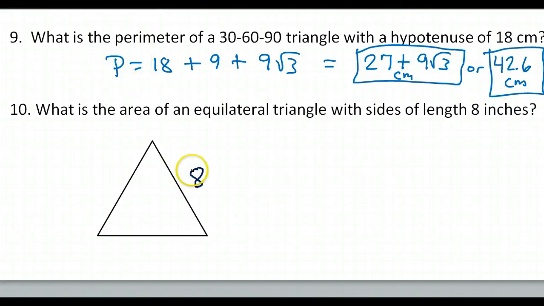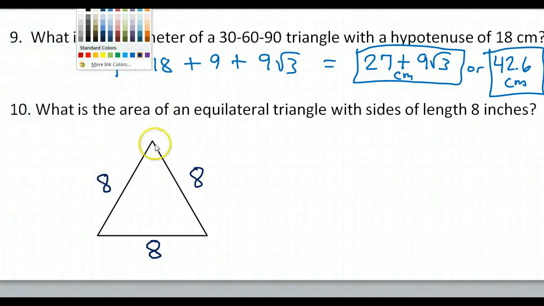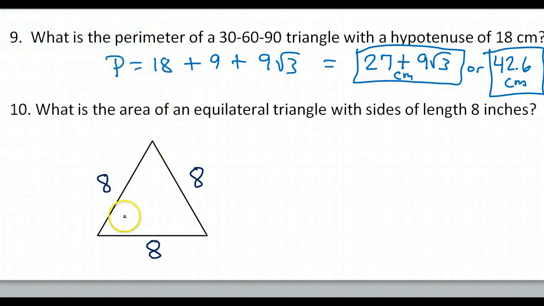These sides are all supposed to be 8 inches. 8, 8, and 8. Because this is an equilateral triangle, that means all the angles are 60. So this is 60 and 60, and this would also be 60. But I'm not going to write 60 because the first thing I'm going to do, we're supposed to find the area, so I'm going to need the height anyway.